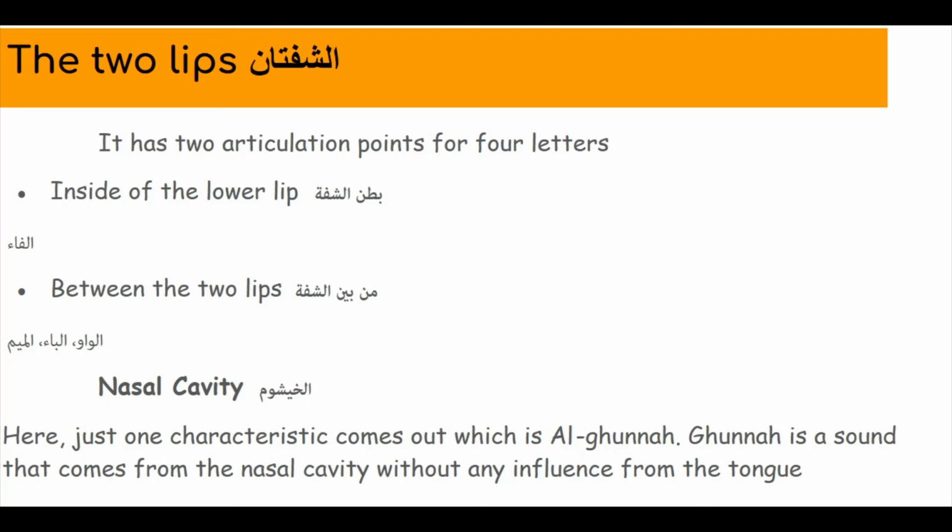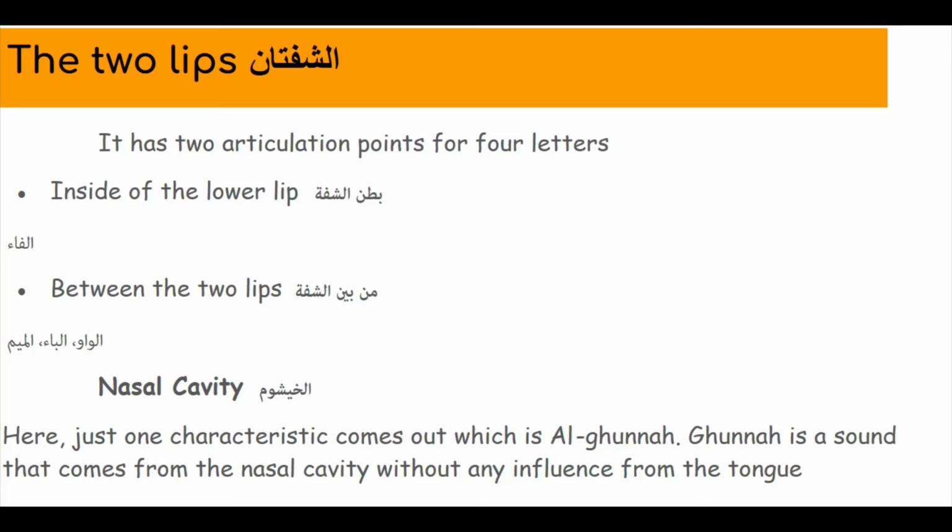And the same thing applies to al-mim. It is also pronounced from the two lips coming together completely, except that mim is stronger when you join the two lips together.